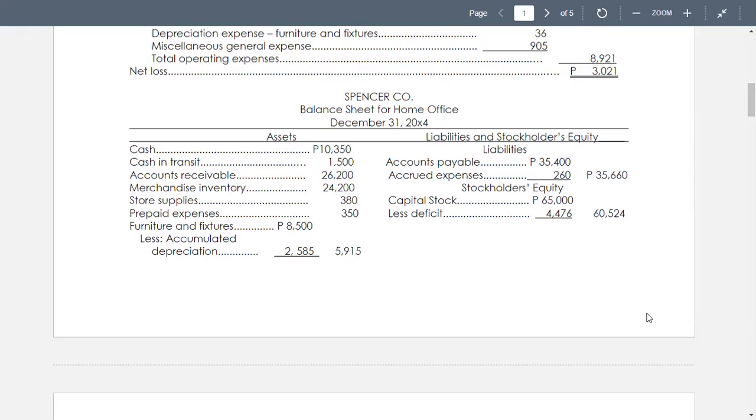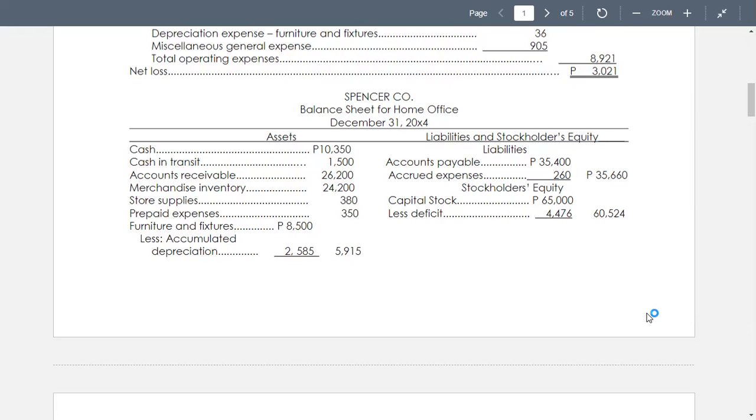The last entry there in the books of the home office is to debit unrealized intercompany inventory profit by 1,750 and credit branch income summary.